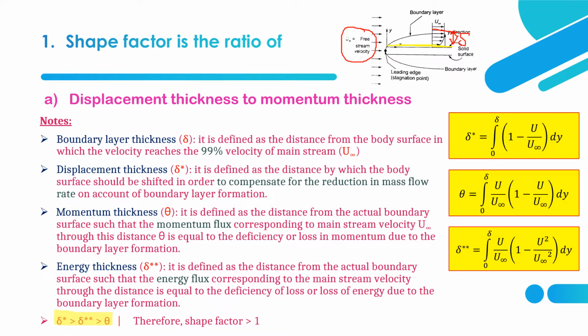Displacement thickness to momentum thickness. We know displacement thickness is always greater than momentum thickness. So that means shape factor for any velocity profile distribution will be greater than 1. Shape factor always greater than 1. So these are the major definitions in boundary layer theory. Now we shall move on to next question.